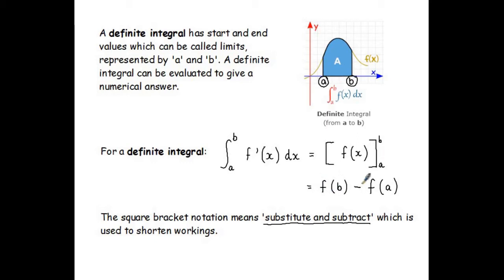Then we have to subtract the second limit substituted into everywhere where you have an x. So we substitute both limits in one at a time and we subtract those two answers. This is actually used to shorten workings, which we're going to see in our examples now.